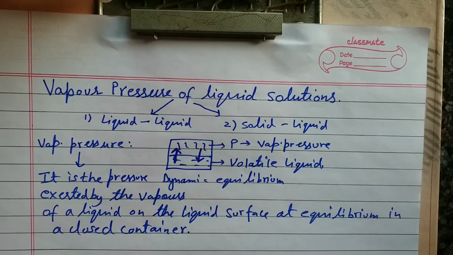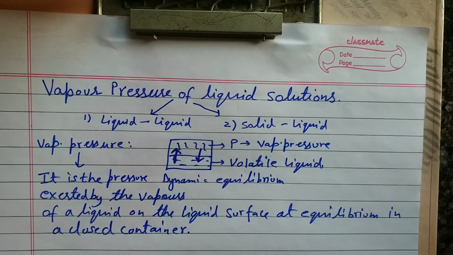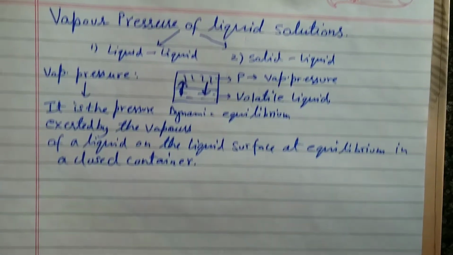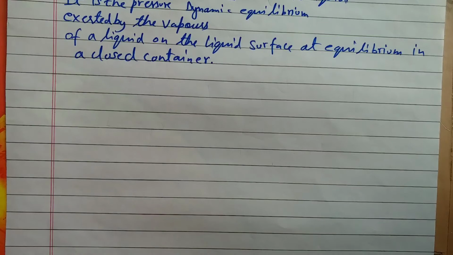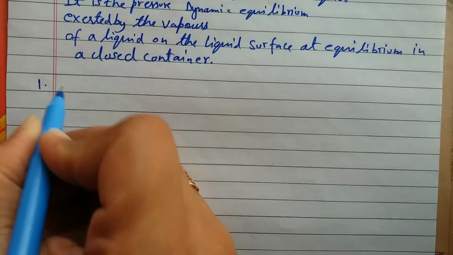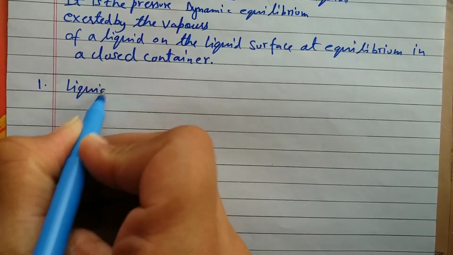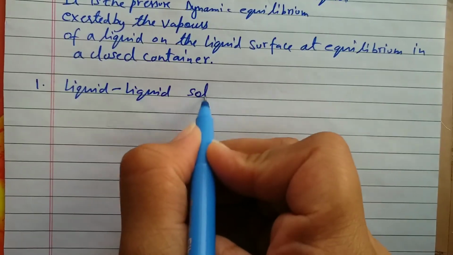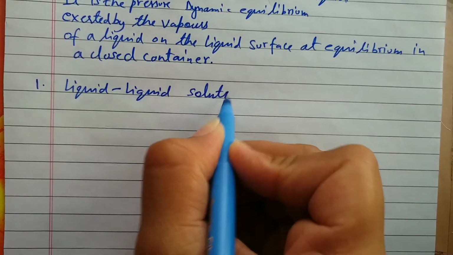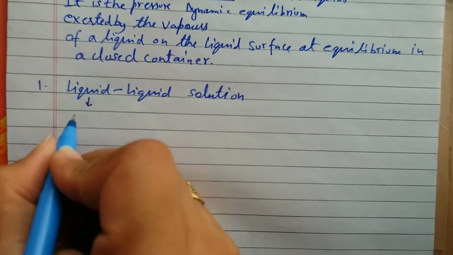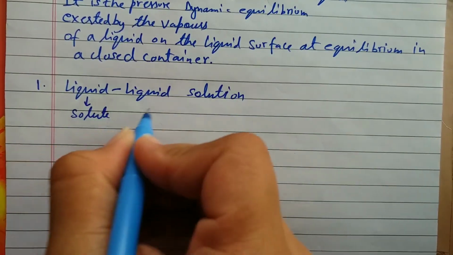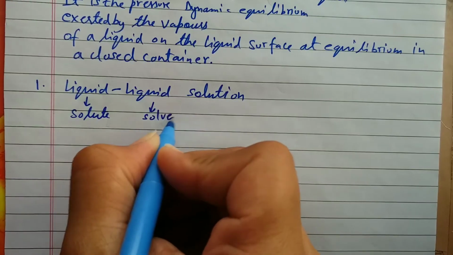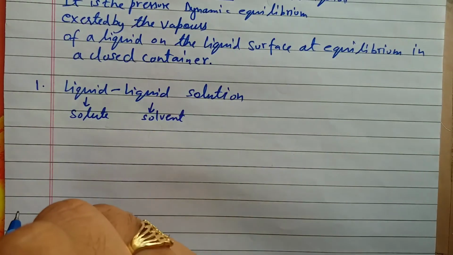Now let's talk about the two systems, as I mentioned, the liquid-liquid and the solid-liquid system. We are considering the first system, which was a liquid solution. So both the components, the solute and the solvent, are considered here as liquids.